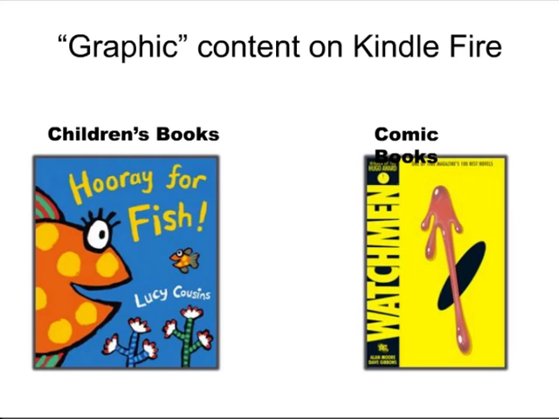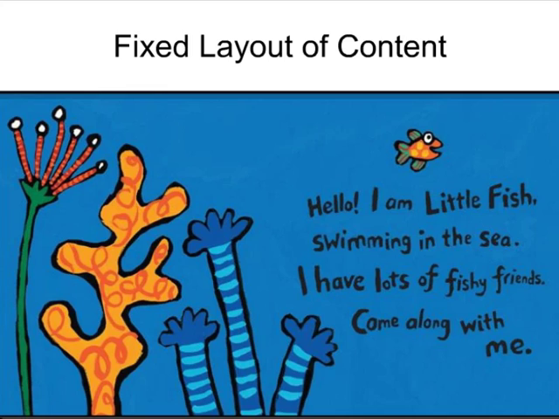I downloaded a couple KF8 Kindle Fire books that I'm just going to show some slides of really quick. One is of the children's book, Hooray for Fish. Right here on this slide, you'll see the opening page of this book, and that's a screenshot from the Kindle Fire right there below. And that's fixed layout HTML and CSS for positioning of the text and the graphics.